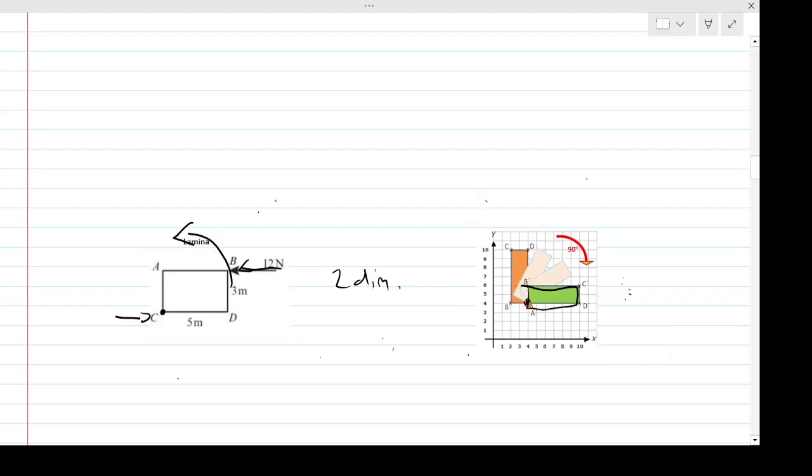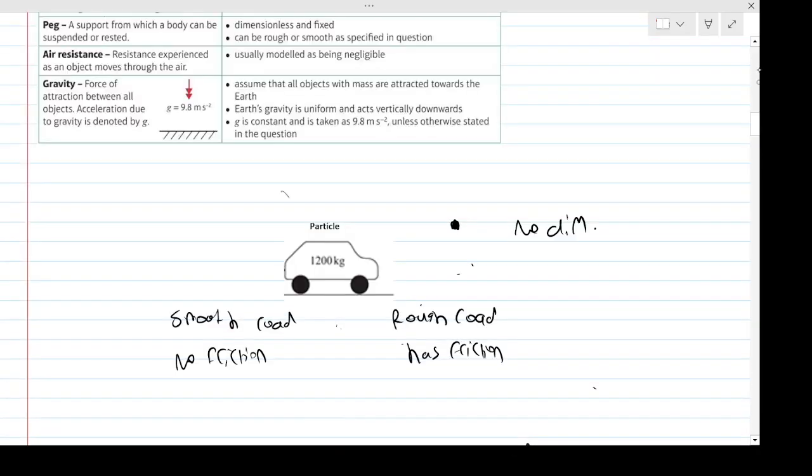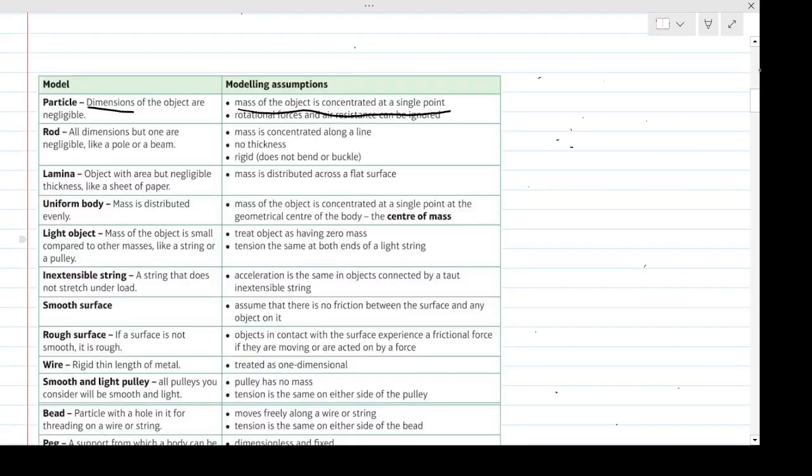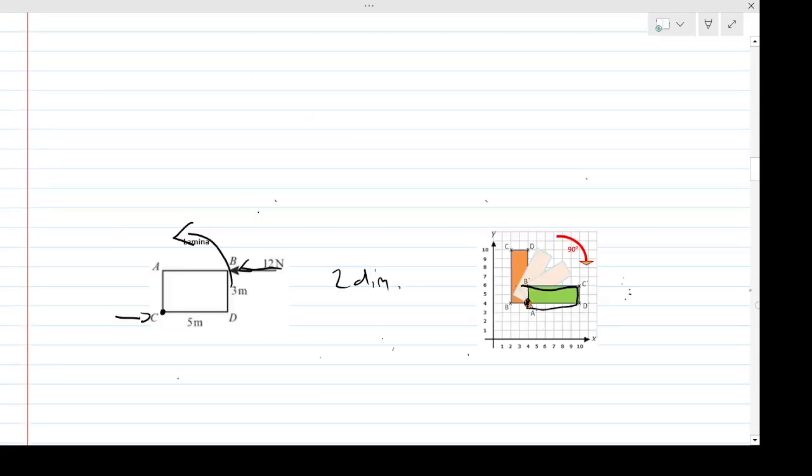Okay, enough about laminas. And by the way, the assumption with a lamina is that mass is distributed across a flat surface. That's basically nothing, we don't deal with that. What it means across a flat surface, obviously, is the surface here. So the mass is evenly distributed, so it's not uneven. Say, for example, we don't have a lot of mass at one end of the lamina, of the rectangle, and then just a little bit elsewhere.